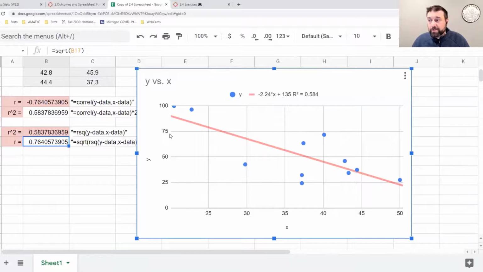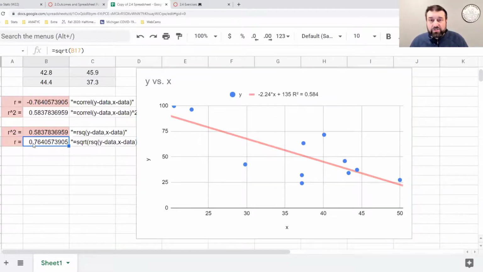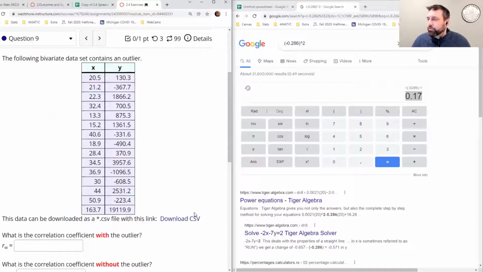Negative slope. That means this R value has to be negative. So if your slope is negative, your value for R is negative. R squared is always positive, but R can be positive or negative. Okay, so this is problem number 9.